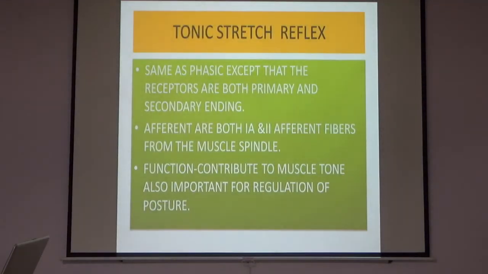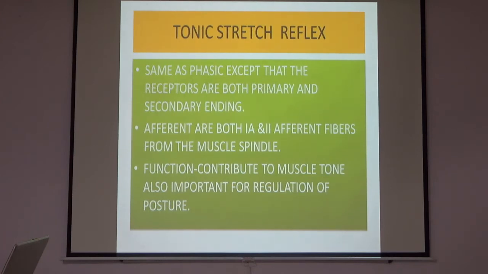Then the second type of stretch reflex, other than the phasic stretch reflex, is the tonic stretch reflex. This is the same as the phasic stretch reflex, except that the receptors are both primary and secondary endings. Efferents are both 1A as well as 2 fibers from the muscle spindle.